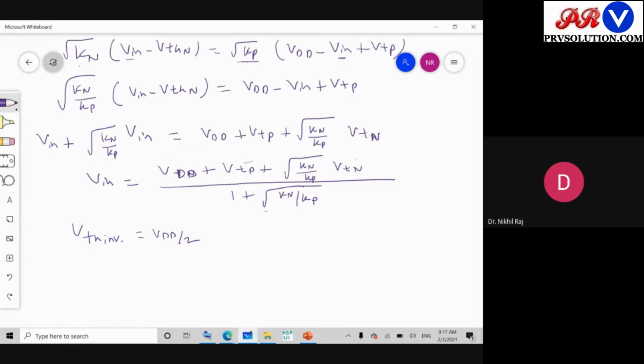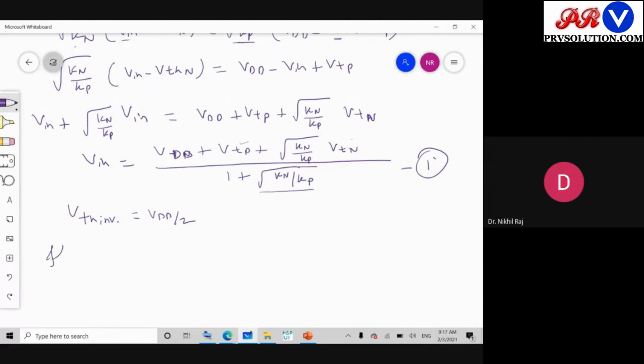What are the possible cases where we can get this as VDD by 2? If my value of Kn by Kp is equal to 1, so if I make a condition such that square root of Kn by Kp is equal to 1, and also that your VDD is very much greater than the threshold voltages of your PMOS and NMOS, then what will happen to Vin? This VTH of INV will go to VDD, since VDD is higher; the threshold terms are smaller values, so their effect will be neglected, and in the bottom we get 1 plus 1, that is equal to 2.